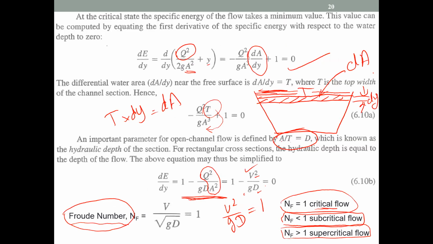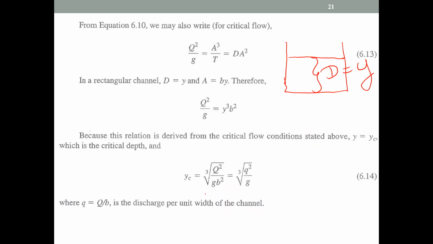So instead of D that you have in here, you can substitute Y. So that the critical depth YC, now you can write in terms of the flow rate and the width of this channel. This is the width of the channel, that is B. So it becomes like this.